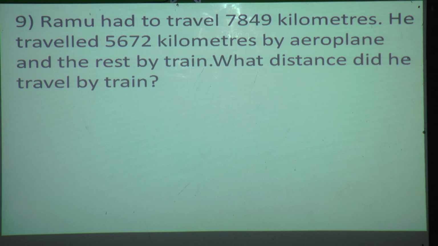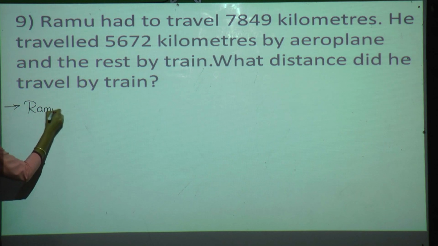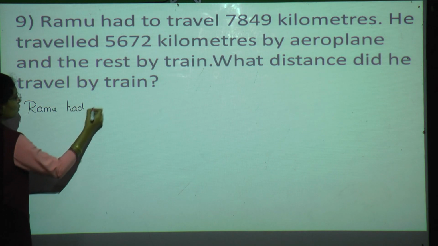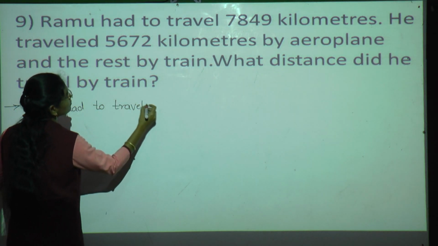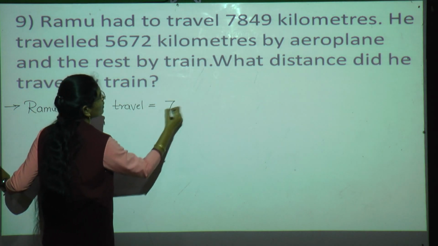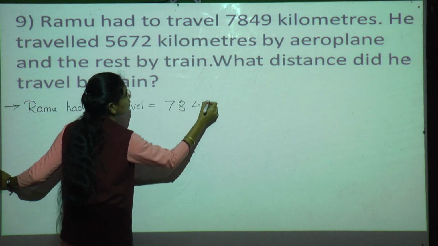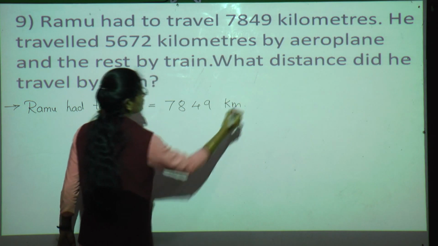See students, what is the question? Ramu had to travel a total of 7849 kilometers. So first of all we will write: Ramu had to travel how much distance? 7849 km. km means what?